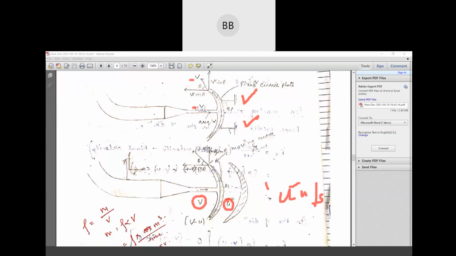So your resultant velocity which is going out is v minus u. Other things are very similar to the fixed plate, making an angle of theta with the x-axis. So here v minus u cos theta, here v minus u sin theta. Everything is the same.